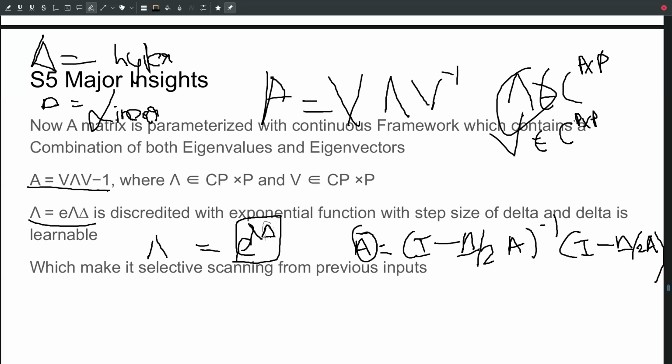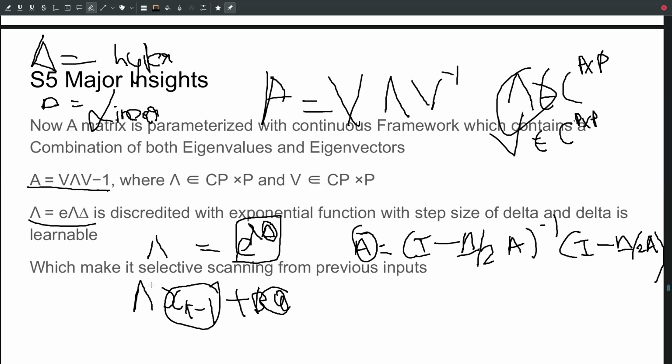Because parameterizing delta eventually lets you scan the previous input, like parameterizing the forget gate. Let me say how it comes. In the equation of recurrent networks, we eventually do this: u being the input and x being the previous computations.